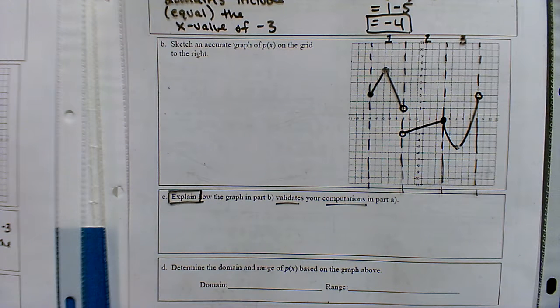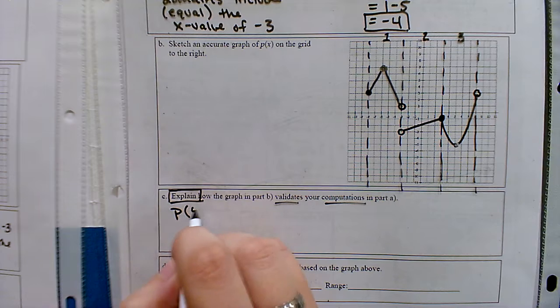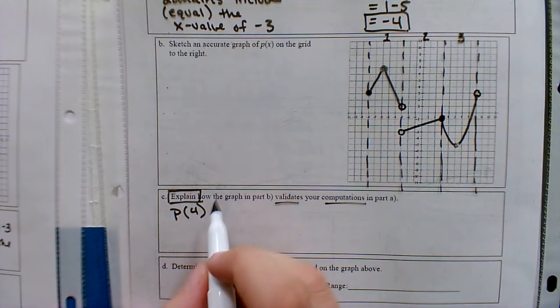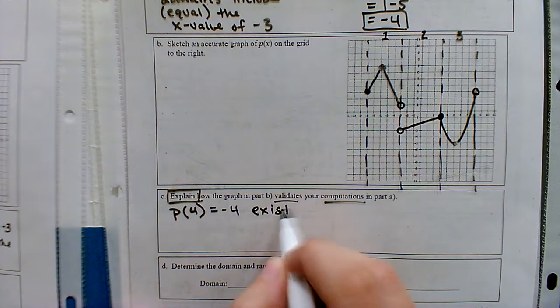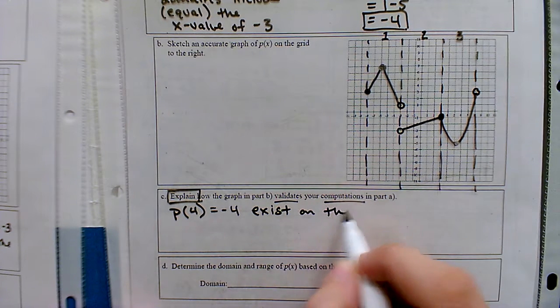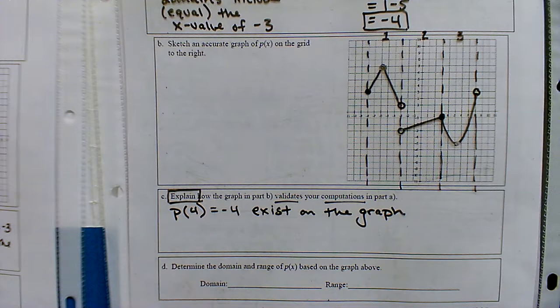Go ahead, Marie. Okay, so the points that existed, so that was P of 4. P of 4 equals -4 exist on the graph. How do you know they exist?